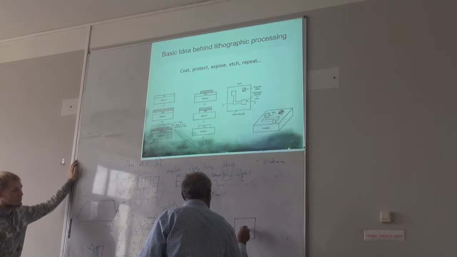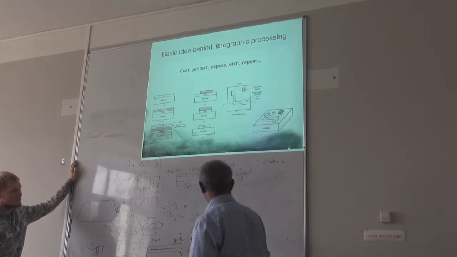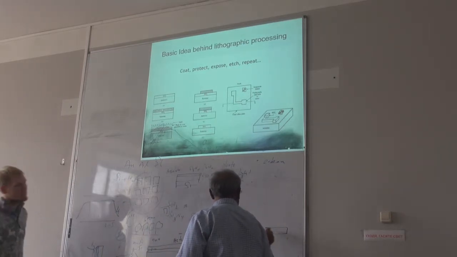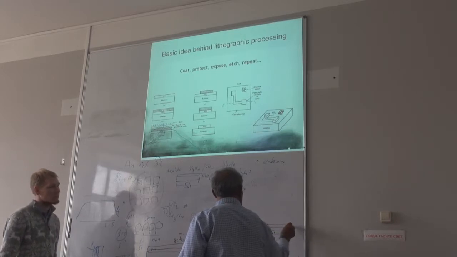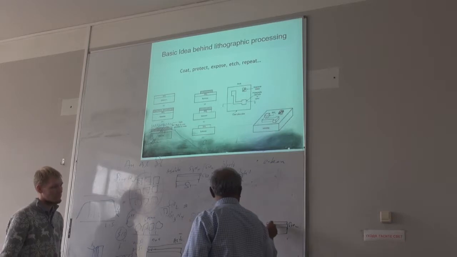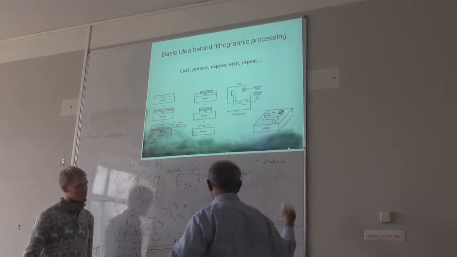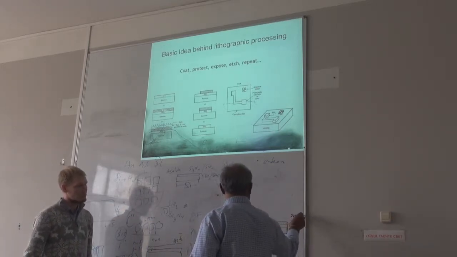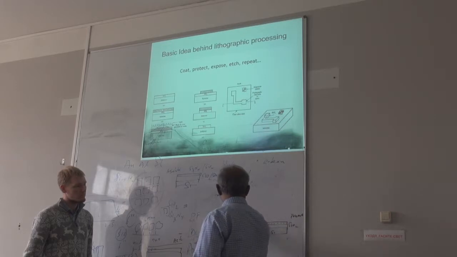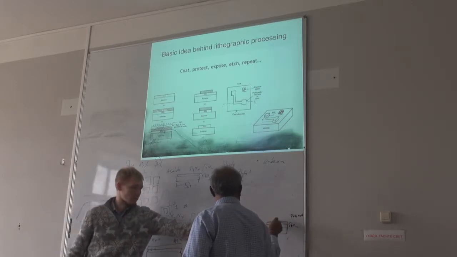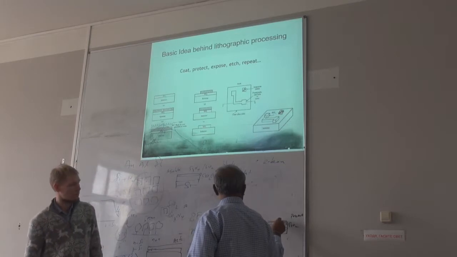So if I draw this one, first you have silicon dioxide. Now I put the photoresist, say PMMA or something. Then I have this hole here. It's a window. Suppose this is my window.